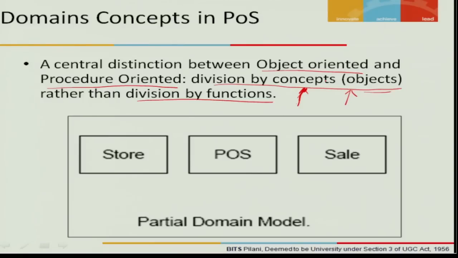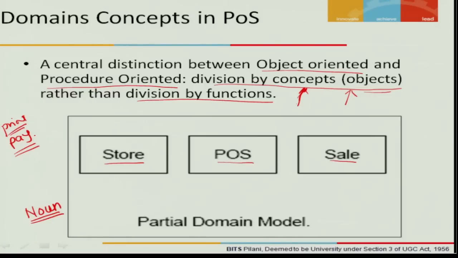As we know, domain concepts appear like this: store, POS, sale. If you look at them, you can understand that they are nouns. They are not verbs, for example print, pay. These are verbs, so they will not appear as domain concepts.